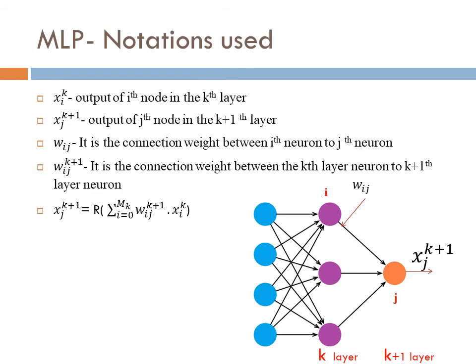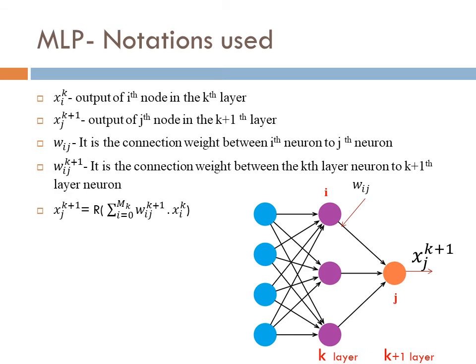Similarly, we can represent x subscript j superscript k plus 1, which is shown as the output of the orange color node, the output of the jth node in the k plus 1th layer, where the input has been taken from the previous layer, which is shaded in the purple color. And we will make use of w subscript ij, which is shown as the connection weight between node i and node j in this diagram. So it is the connection weight between the ith neuron and the jth neuron, which can be represented as wij.